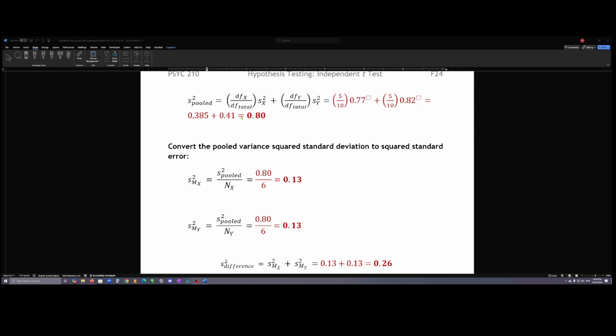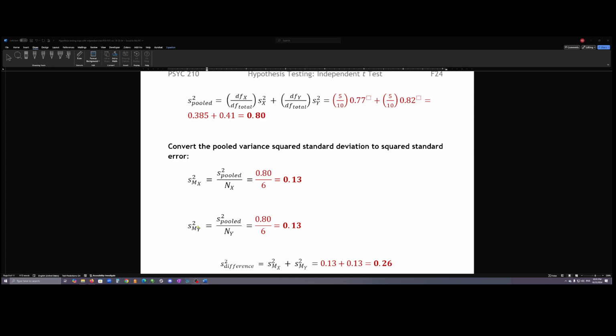So we take our pooled variance that we got up here, that 0.80, that's what's going to go into the top of this equation. And in the bottom, we're going to use the sample size for that first group, which was 6. So we divide these out, it gives us 0.13.